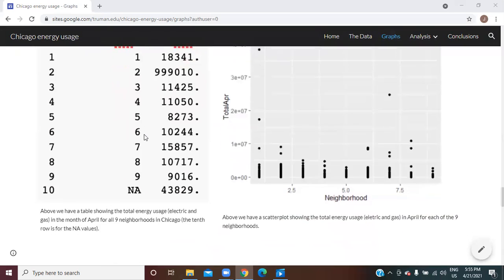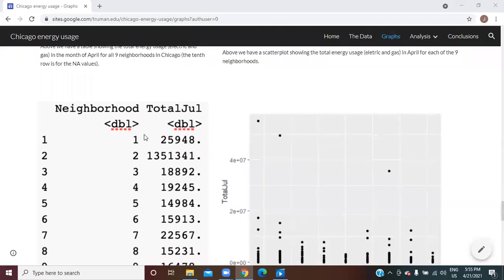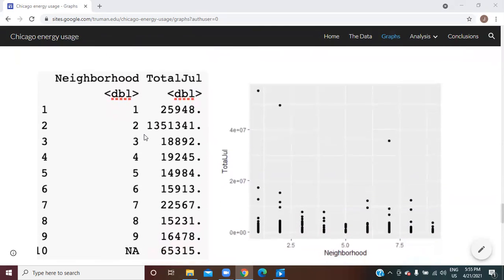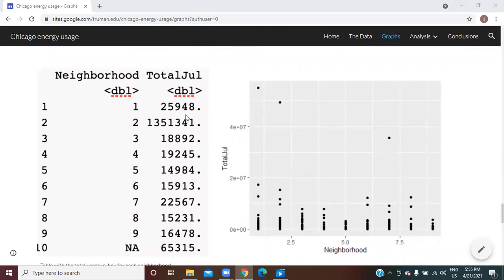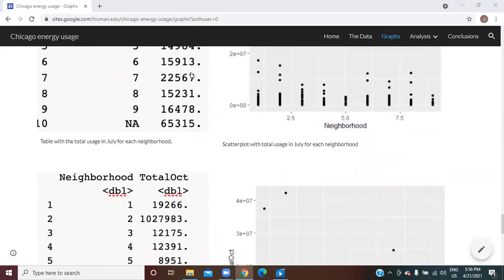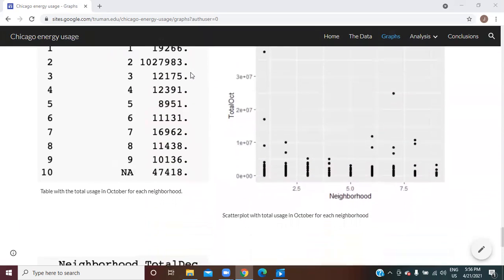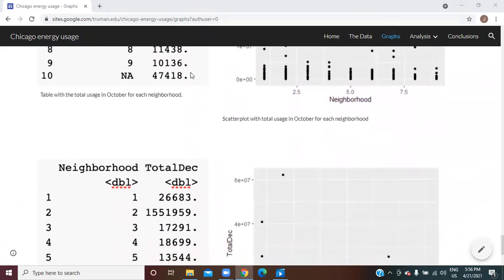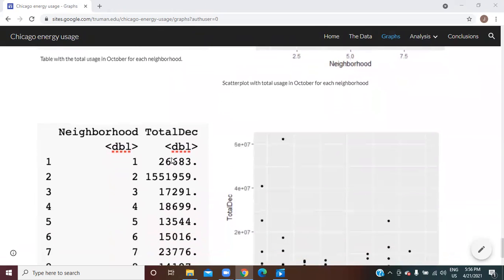So what we can see is that in July, for example, the usage in all neighborhoods goes up, and still neighborhood 2 is about half of total usage in the city. Of course, in the months of July and December, the usage is going to be much higher than in the months of October and April.